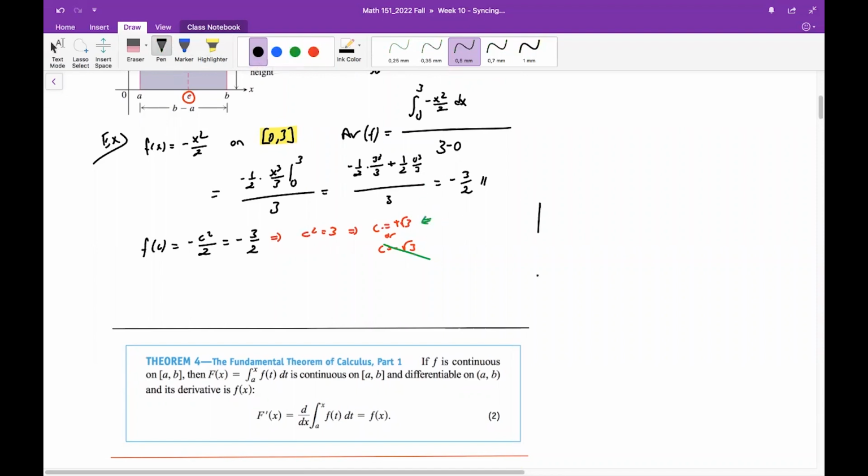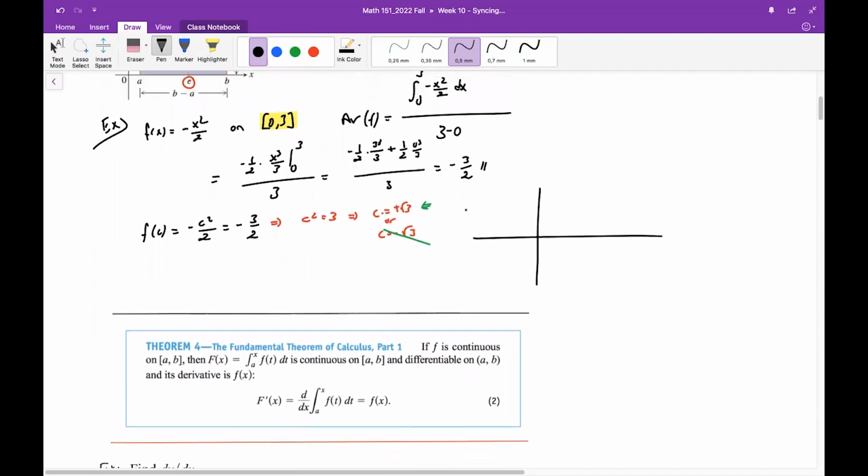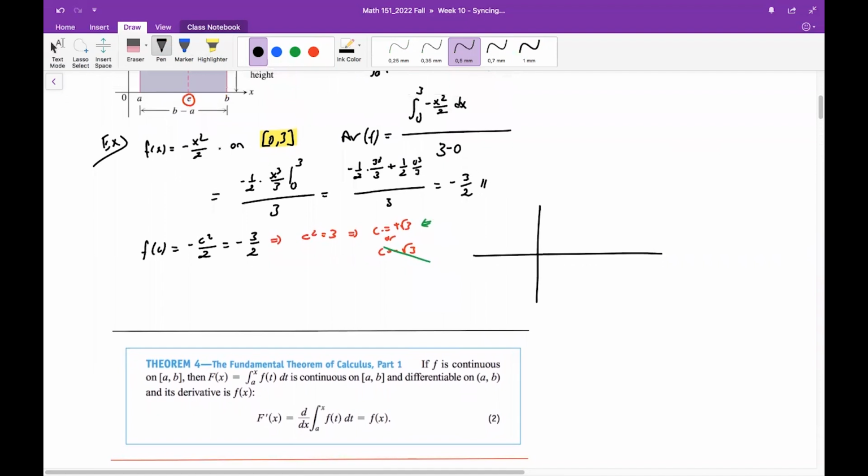So let me show you what we have found here through the graph. So minus x squared over 2 is a curve like this. Okay, and we computed its average value over which interval? Over the interval from 0 to 3.